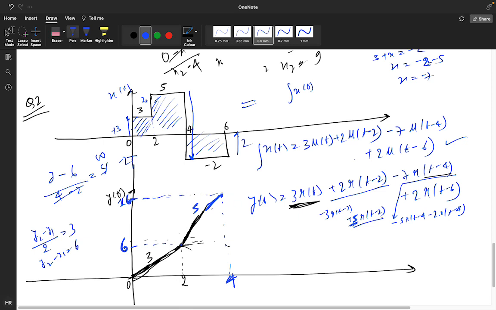Okay, now this negative 5 will cancel. Now I am getting a negative slope. What is the slope? Minus 2. So minus 2 slope. So this slope is going like this, down.